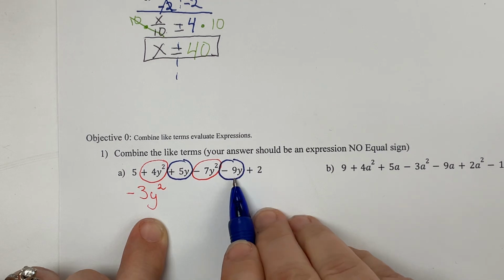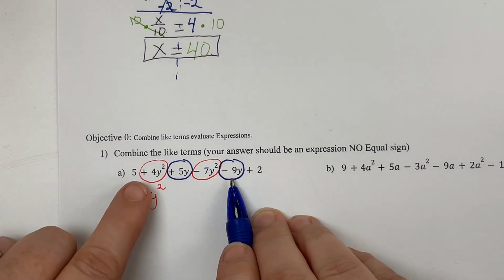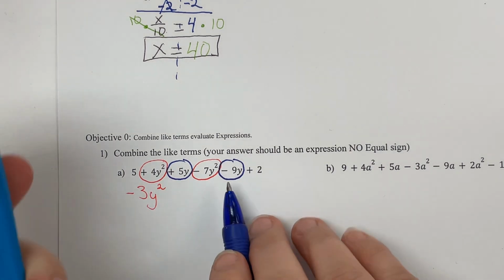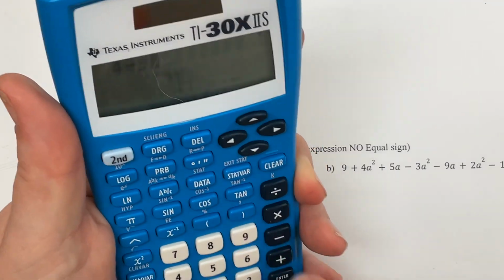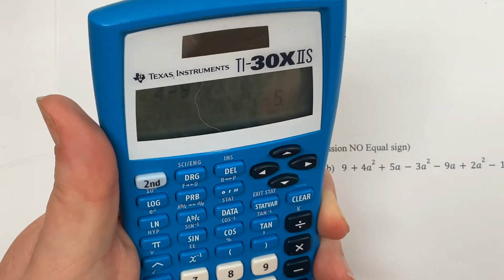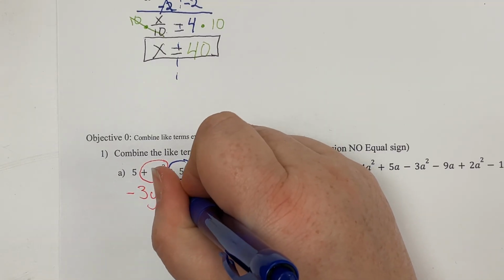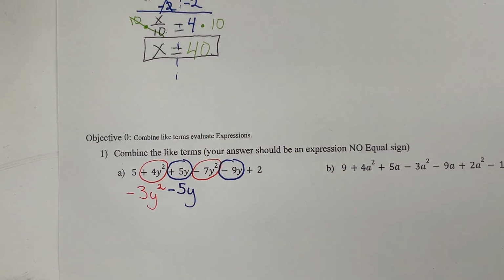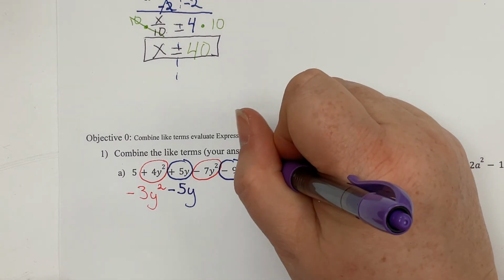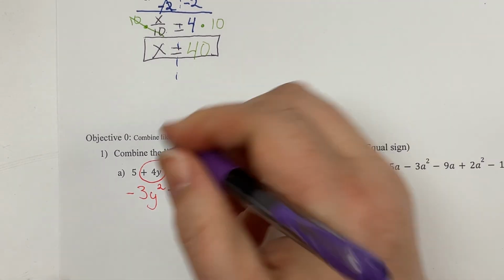I've got a negative 9y here, and that's it. 4 minus 9 is negative 5, so negative 5y.